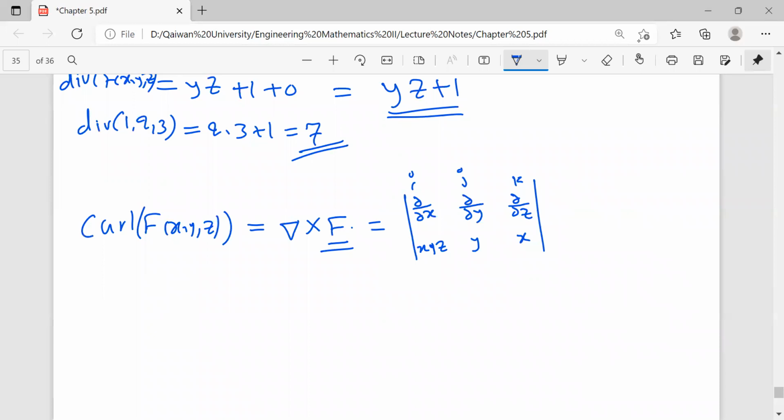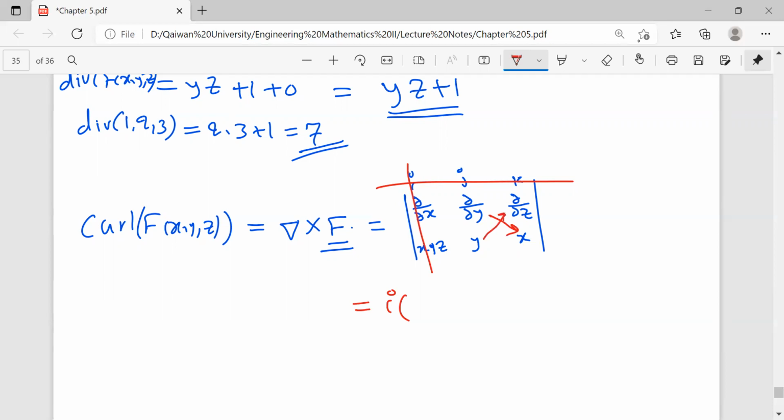You can use any method for finding this determinant, either by writing down the first two columns and then doing the multiplication, or by taking the first row and using cofactor. Here we take this one. We get i multiplying these two and these two also.